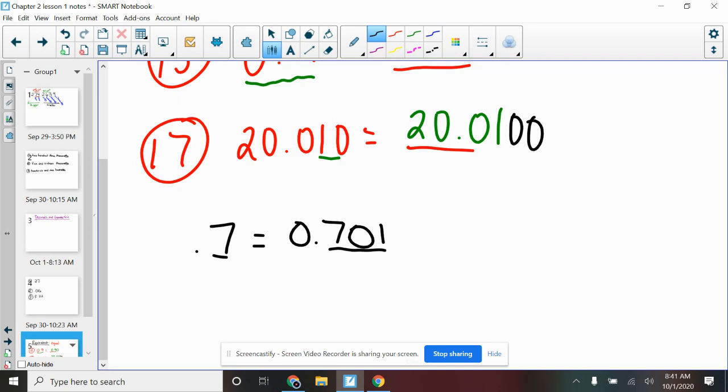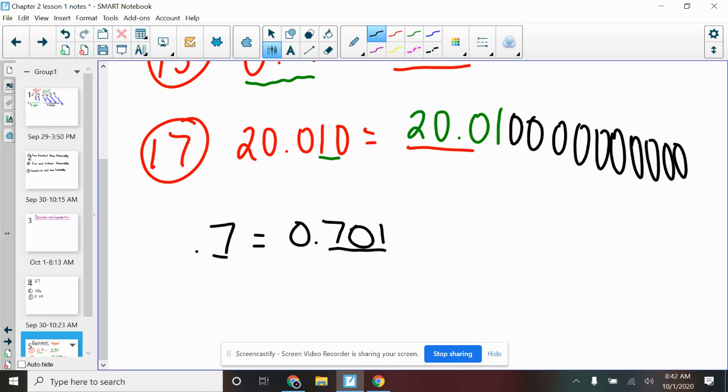If you want to get goofy with it, you could put tons of zeros behind here. It's not going to change the number. This big thing here is still equal to this thing over here because they have zeros at the end. And do zeros change value? No. So that's why they're equal to each other.